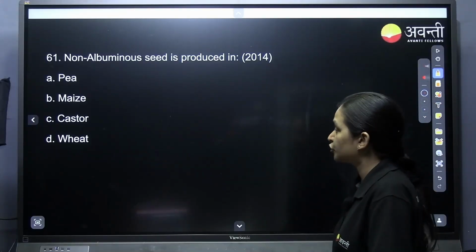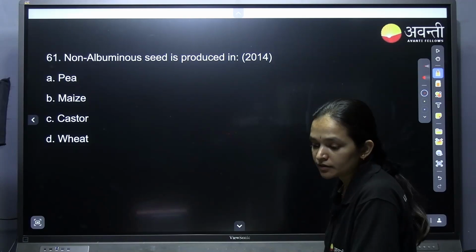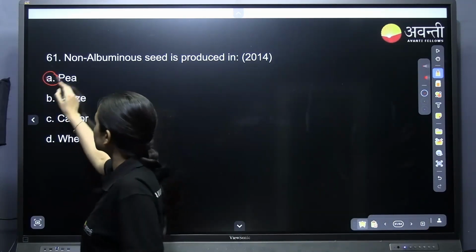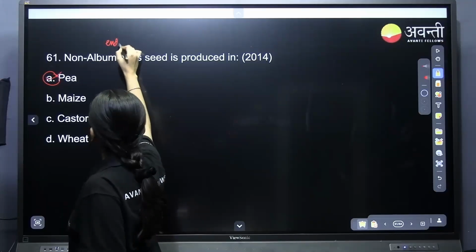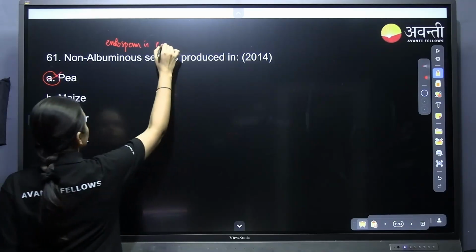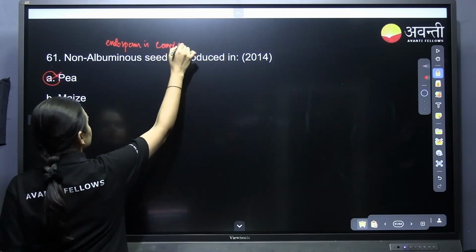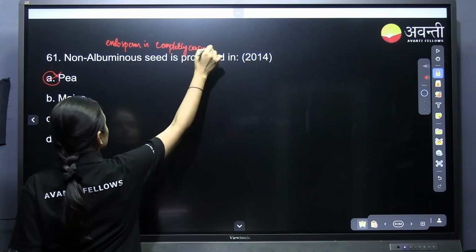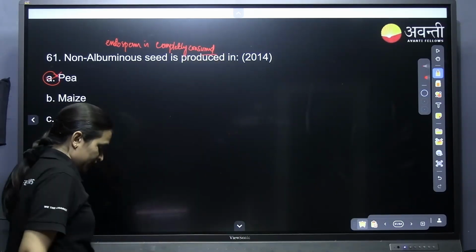Non-albuminous seed is produced in pea. Non-albuminous means the endosperm is completely consumed.